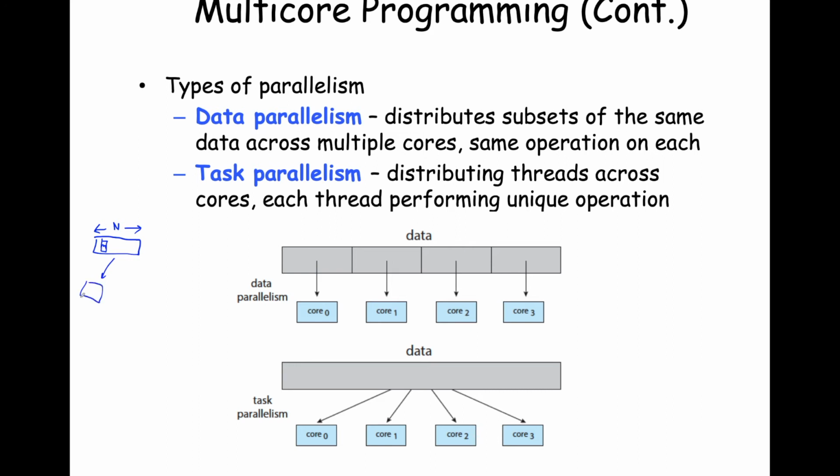And each part is of size n over 2, for example. So this part here is also size n over 2. You break it into two pieces. And now, this is called data parallelism. You're going to find the minimum of each one of these sublists. Now, of course, there's going to be that same minimum in that sublist. And let's say we identified some other minimum in this sublist.